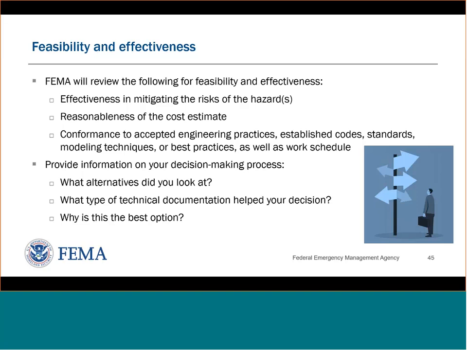In addition to our favored project that we're proposing here, we also looked at option A and option B. This is what they were designed to do, but this is why they weren't feasible for us at this time. We'll look at the technical documentation that you provide with your application that helped guide your decision making. And we're going to be looking at your description of why the project you're proposing for funding is the best option. Next, please.